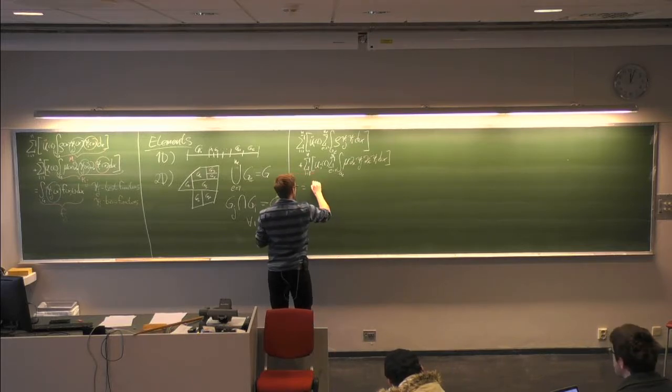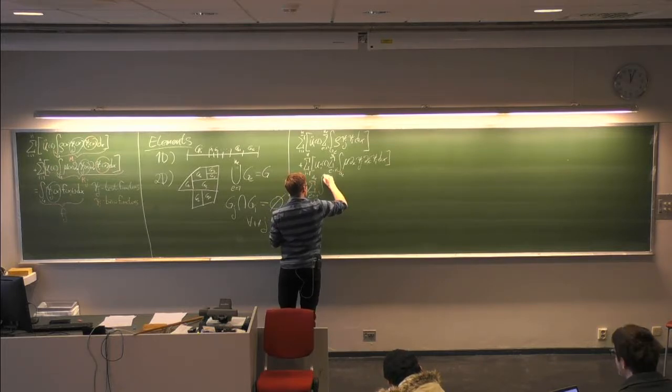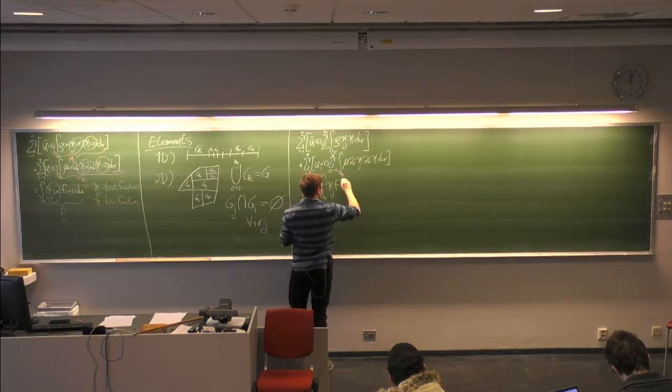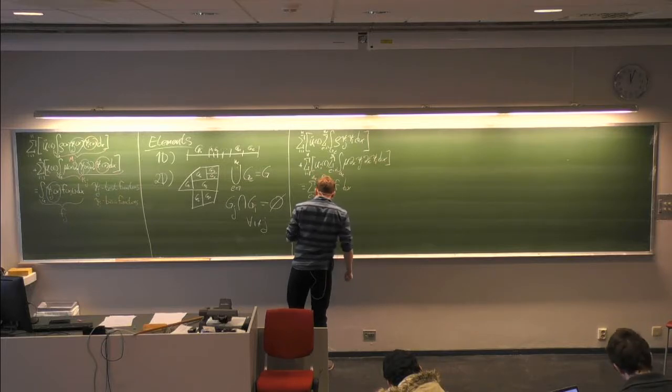We have to do the same with the source function, the sum over e equals 1 to NE of the integral of φj f dx.